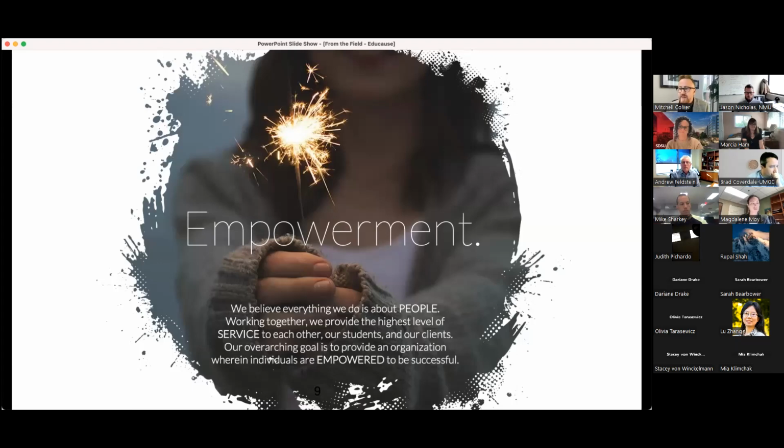Working together, we provide the highest level of service to each other, our students, and our clients. Our overarching goal is to provide an organization where individuals are empowered to be successful. And seeing analytics through that mantra meant that we had to be a highly people-oriented operation, that we couldn't be a highly technologically oriented operation.